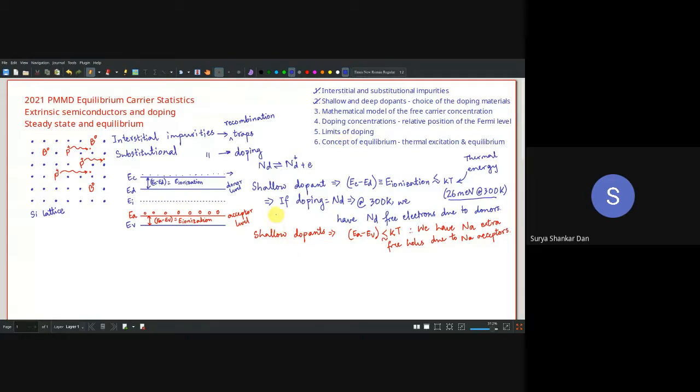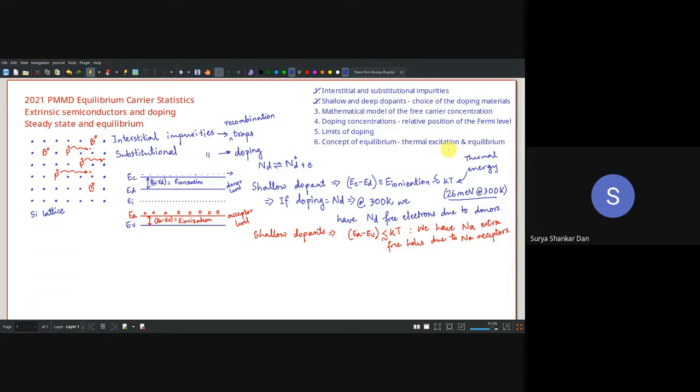यानी कि whenever we say that we have doped with 10 power 16 per centimeter cube, it means that we will assume that there are 10 power 16 extra electrons or extra holes created. Now instead of a shallow dopant, if we choose a deep dopant, what will happen? Clearly, अगर ये ionization energy is higher than kT, then we cannot claim that whatever is the dopant, that same number of free electrons we will be getting.